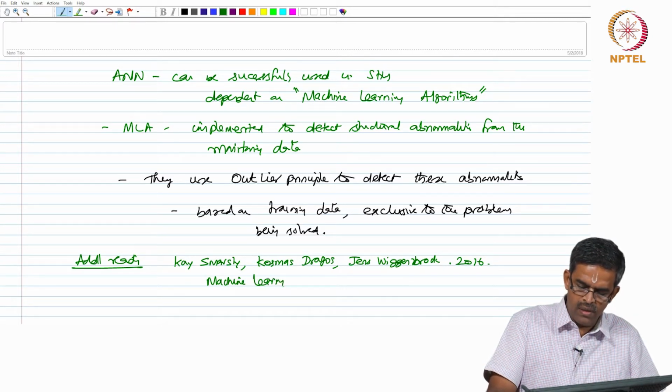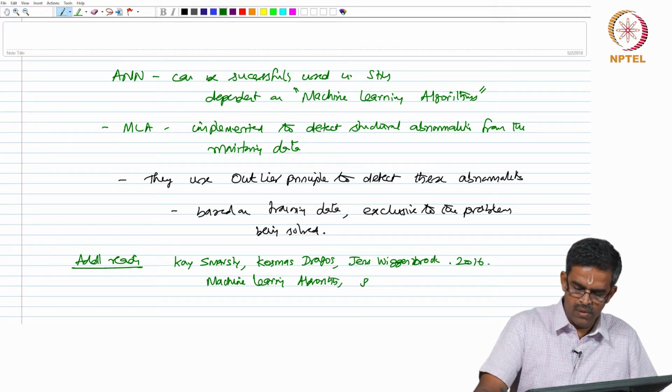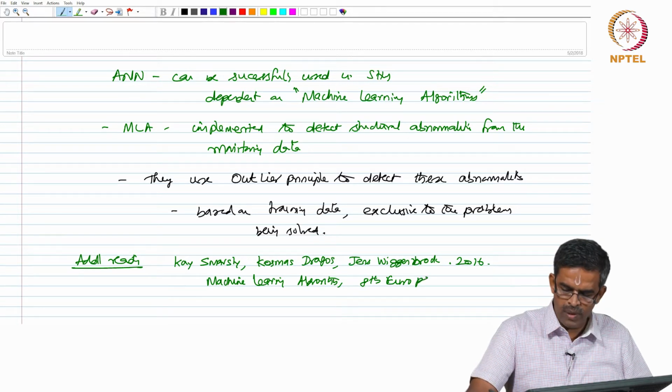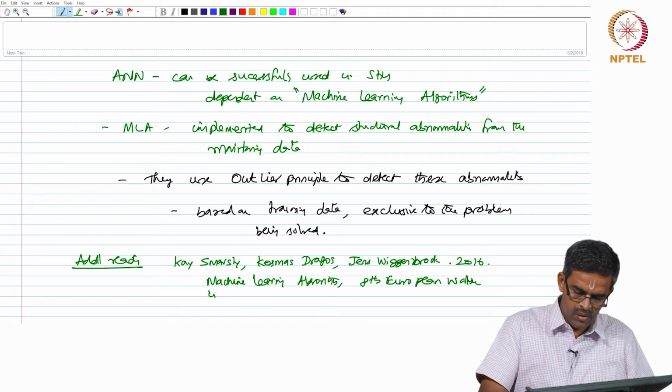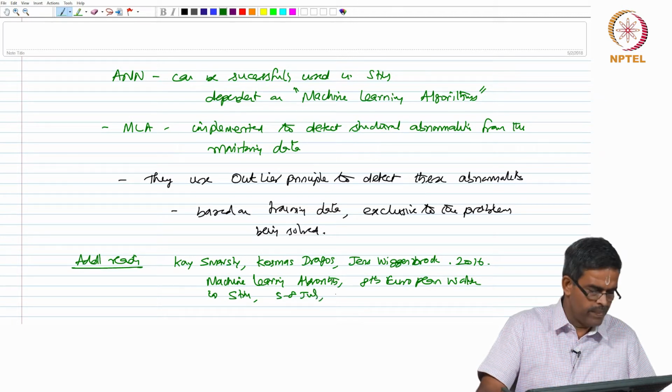Machine learning algorithms, proceedings of the 8th European workshop on SHM, 5 to 8 July, Spain.